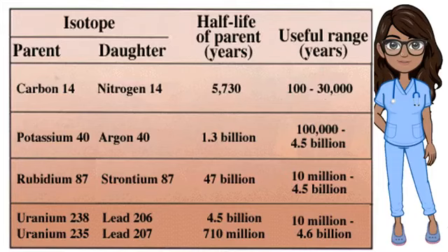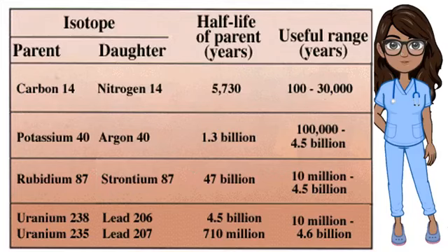Here are common isotopes used in radiometric dating. Carbon-14 is the parent isotope, while its daughter isotope is nitrogen-14. Potassium-40 produces a daughter material of argon-40. Rubidium-87 produces strontium-87.